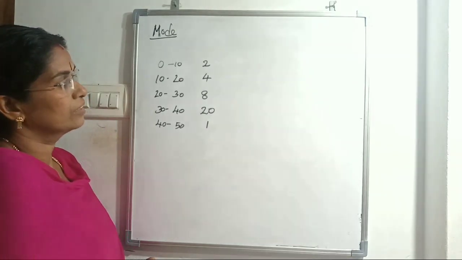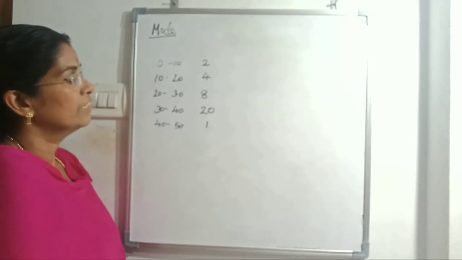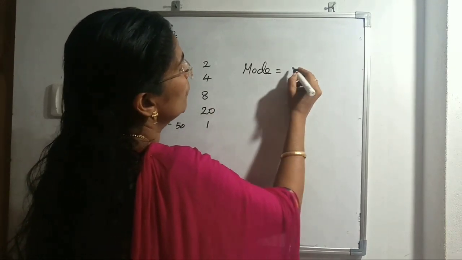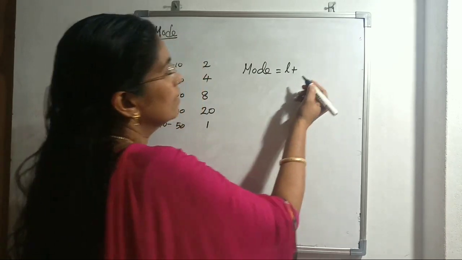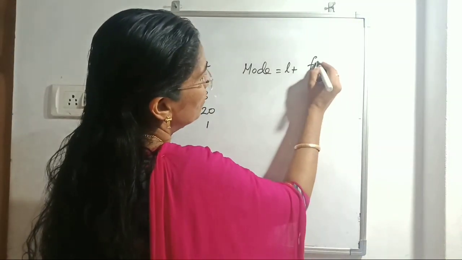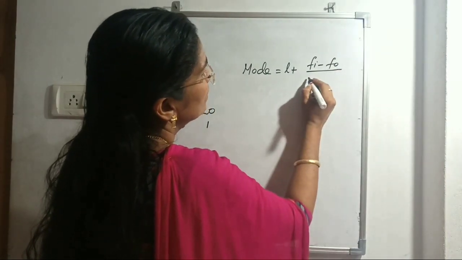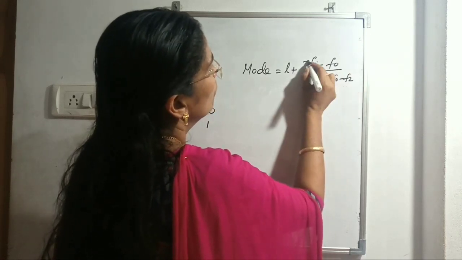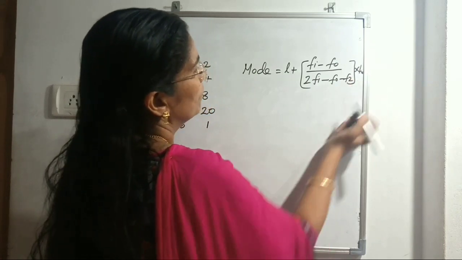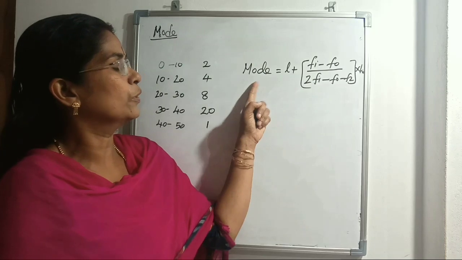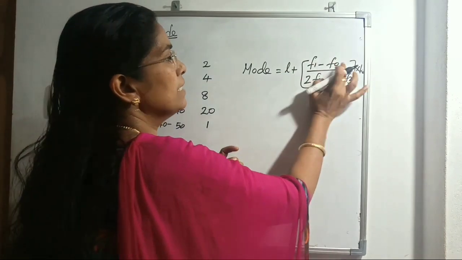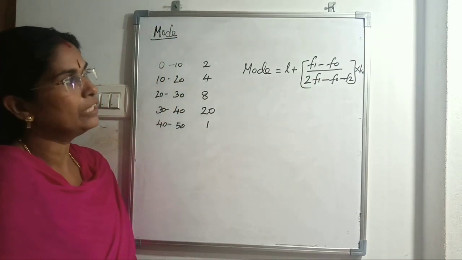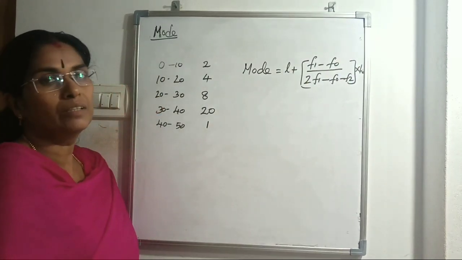So what will we do? Here you have to take one formula: mode is equal to L plus (F1 minus F0) divided by (2F1 minus F0 minus F2), into H. This is the formula. Mode is equal to L plus (F1 minus F0) divided by (2F1 minus F0 minus F2), this whole into H. You have to learn it by heart.